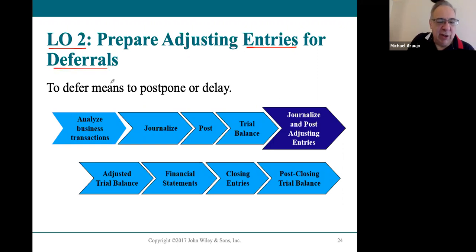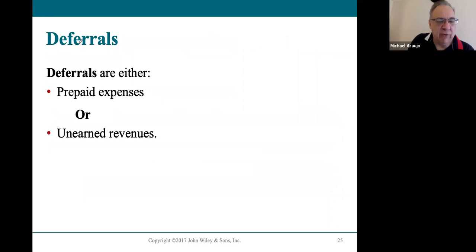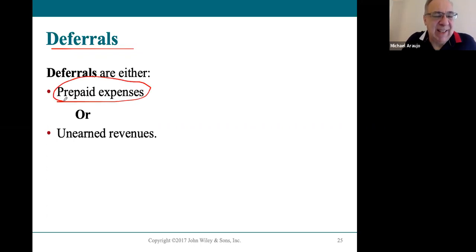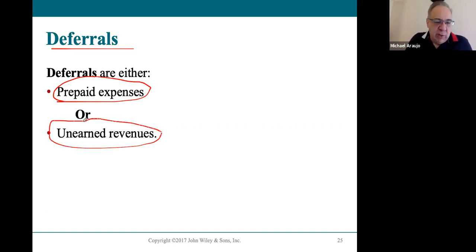All right, so again, to defer means to postpone or to delay. And there are only 4 deferrals that you're going to have to learn from this book, and they're all outlined right here. So deferrals are looked at as either what we call a prepaid expense, which are basically assets that once we use them, turn into expenses, or unearned revenue, which of course is quite easy, right?